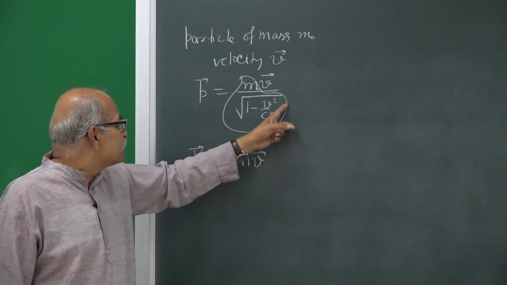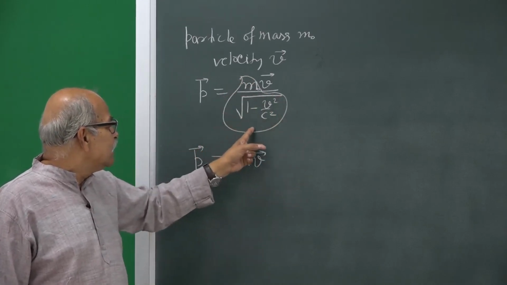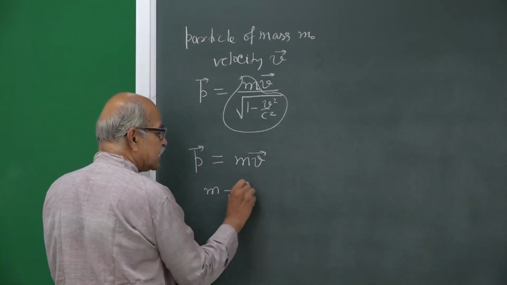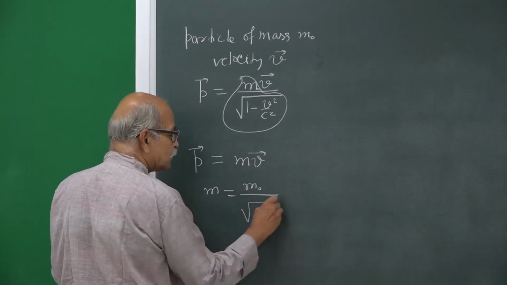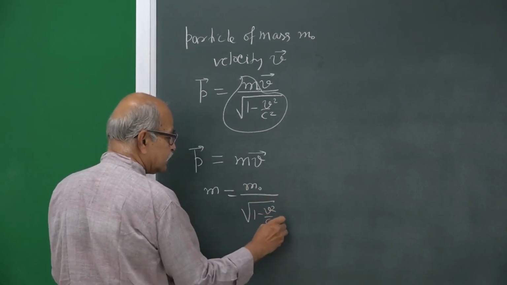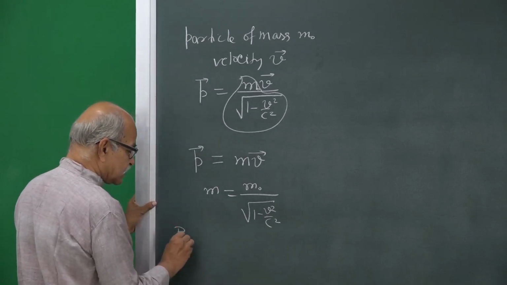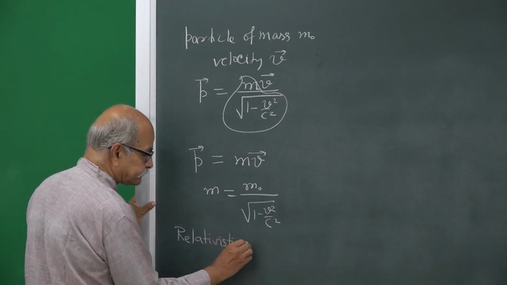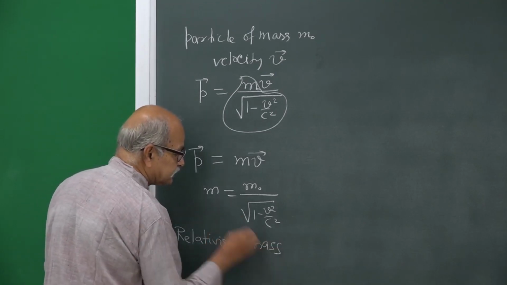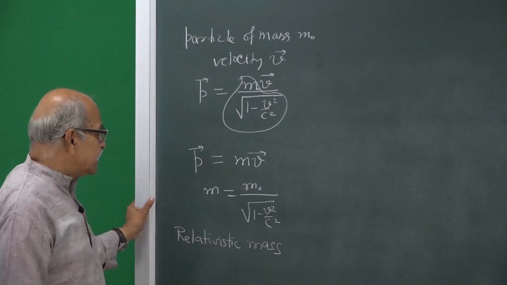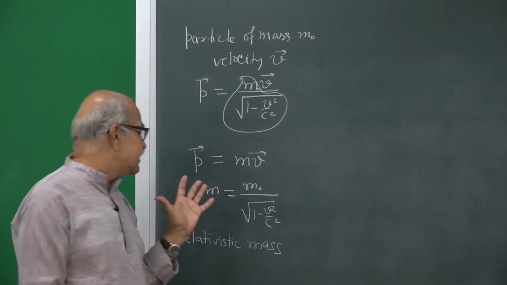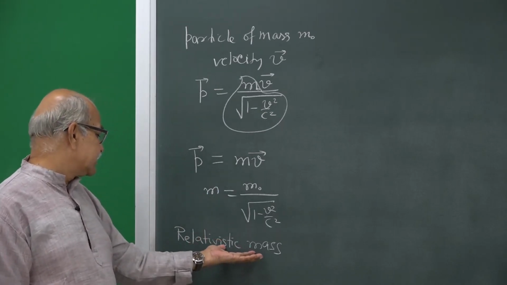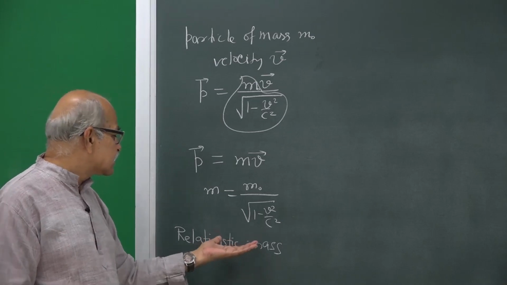So, this is m, where m is m naught divided by square root of 1 minus v square by c square, and this is called relativistic mass. I want to convey clearly that this relativistic mass is a mathematical construct.